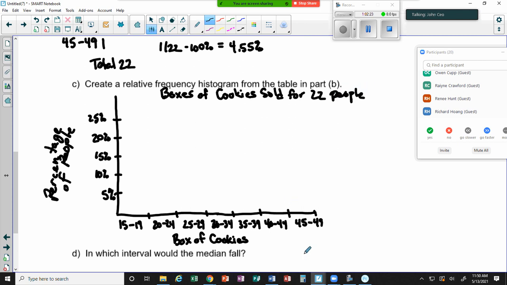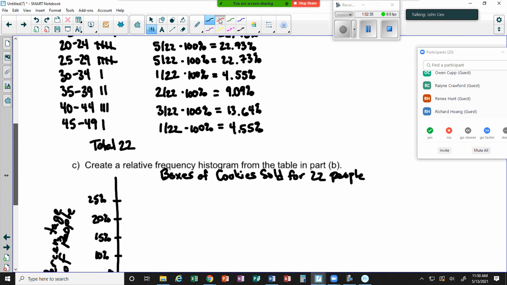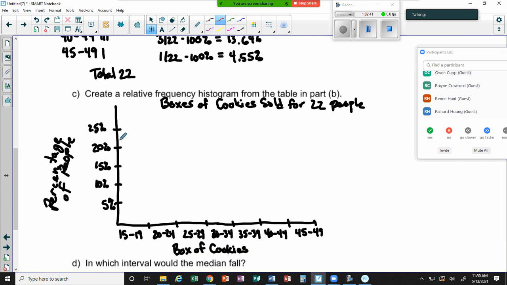That was their total number, right? Troops, I don't know, whatever. All right. So now from 15 to 19, I'm where? 22.73. 20 to 24, same thing, right?